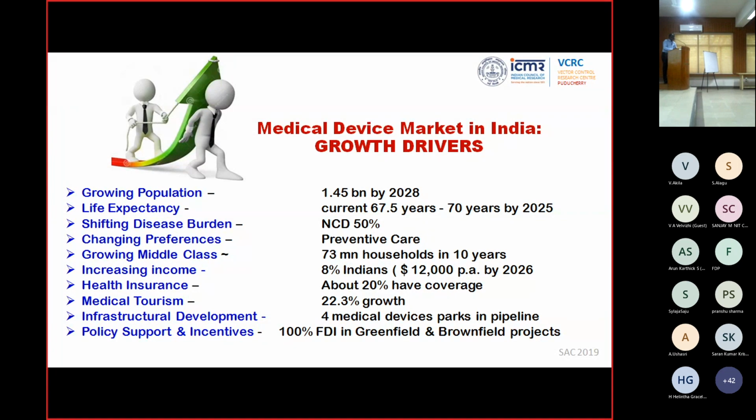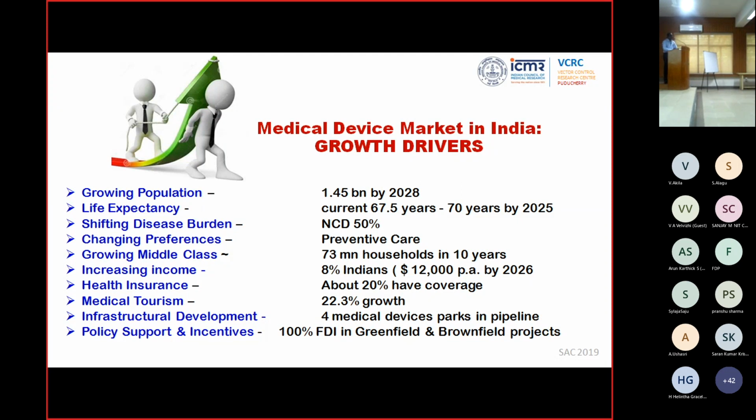So these are chronic diseases. Most of these diseases, especially diabetes, hypertension, developmental disorders, psychiatric disorders, all require almost lifelong treatment for maintenance.